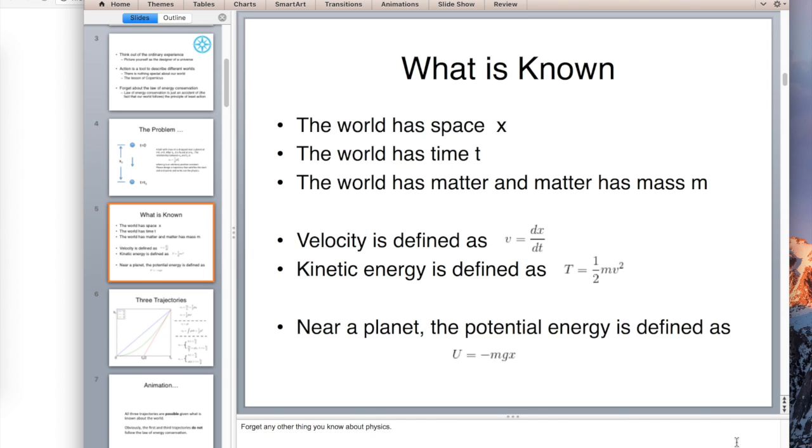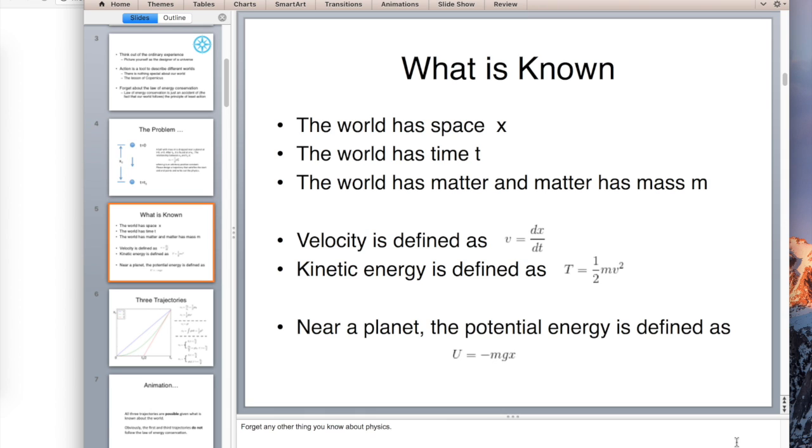So in this world, it has space x, it has time t, and it has matter, and matter has mass, which is denoted as m. Velocity is solely defined relative to space and time, which is the derivative of position with respect to t. The kinetic energy is defined as 1/2 m velocity squared.